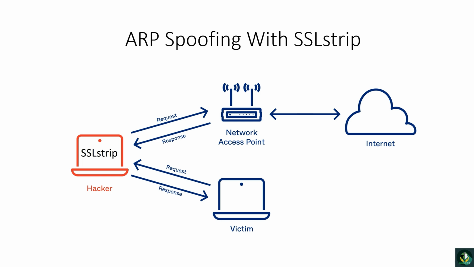Now there is an exception to this whole rule, which is websites that use HSTS. HSTS is used by Facebook, PayPal, Gmail, for example. The way this works is the browser of the victim or the target comes with a hard-coded list of websites that it should only load over HTTPS.